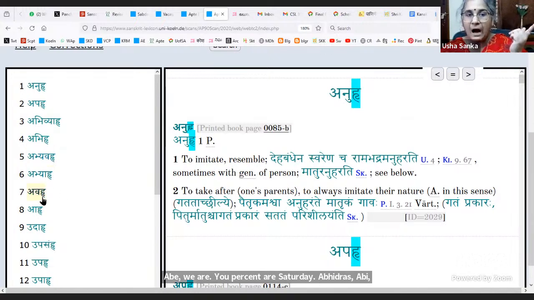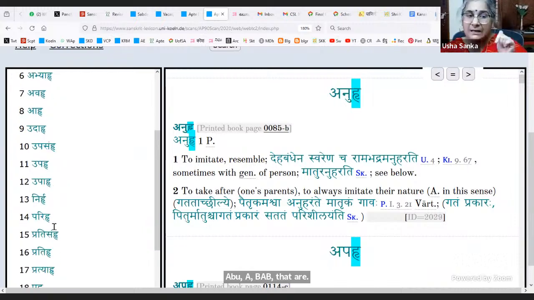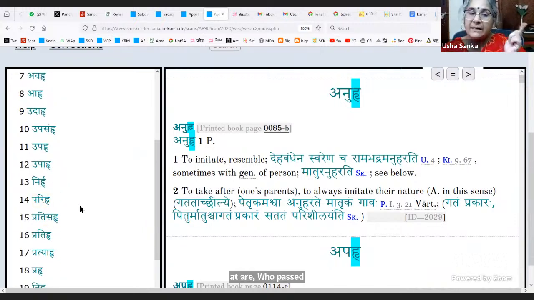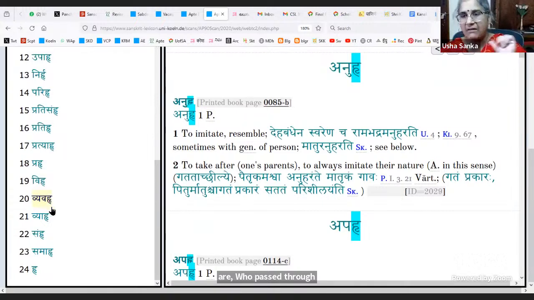Then abhi, a, ava, a, ut, ahr, ut and a. Upasamhr, upahr, upahr, nirhr, parihr, pratisamhr, pratihr, pratyahr, vihr, vyavahr, vyava. Then vyahr, samhr, samahr and hr.